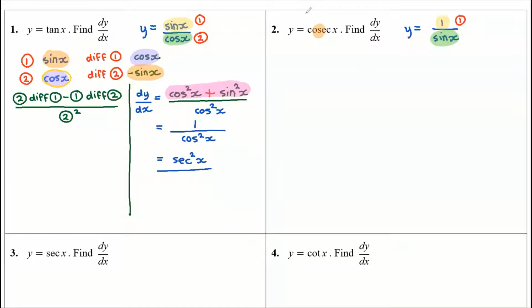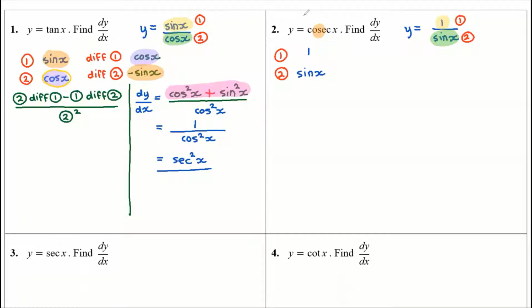That's going to be number 2. So it's another quotient rule question. Let's write these out, 1 and 2, and just write down what the functions are: 1 over sine x, as it appears in the fraction.